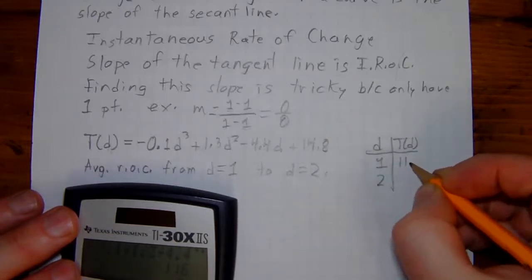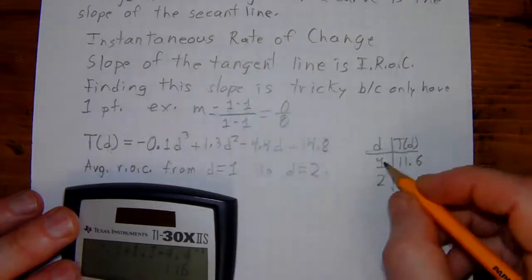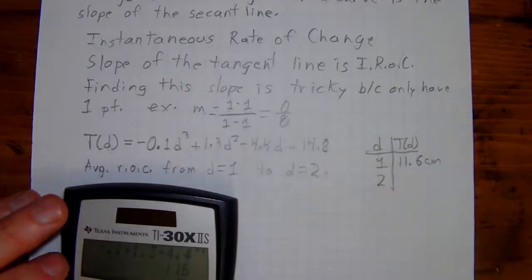And so we'll get that the ice was 11.6, I think it's centimeters. Yeah, thickness in centimeters, so 11.6 centimeters thick. So on day 1, the thickness of the ice is 11.6 centimeters.